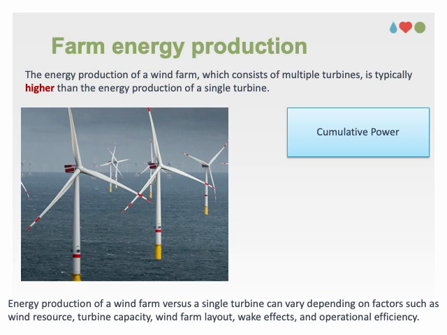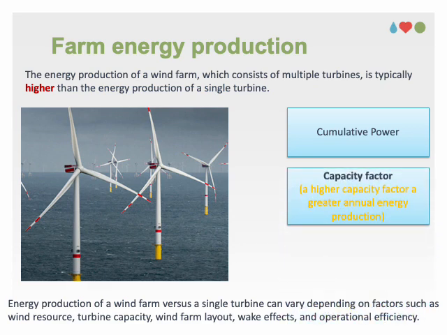Wind farms are designed and operated to maximize their capacity factors by optimizing turbine placement, considering the availability of wind resource, and reducing downtime. In short, a higher capacity factor results in a larger annual energy production.